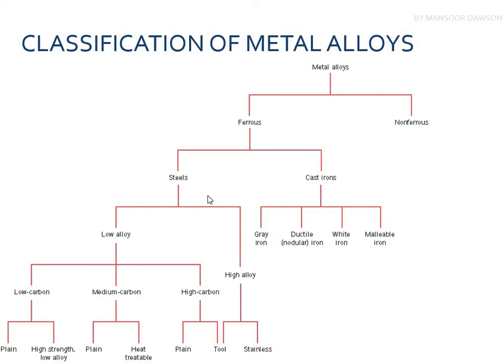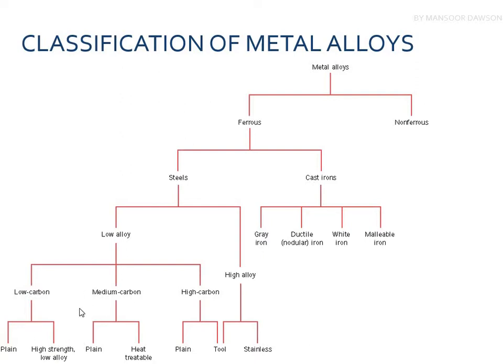So in steels we have low alloy steel and high alloy steel, and in low alloy steel we have low carbon steel, medium carbon steel, and high carbon steel. In low carbon steel we have plain carbon steel, which does not have much of the alloys, and then high strength low alloy steel, which has a certain amount of carbon with some alloying elements.